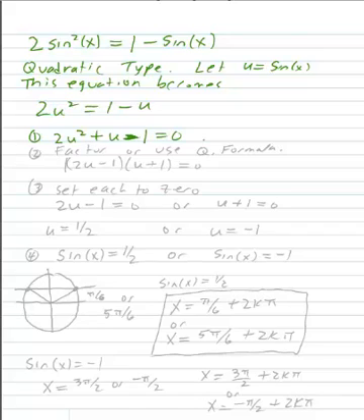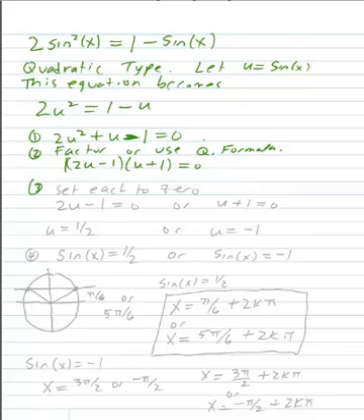And then we want to think about either factoring or using the quadratic formula. And this one we can ask ourselves, what are the factors of negative 2 that add together to give 1? We would have the factors as 2u minus 1 and u plus 1.